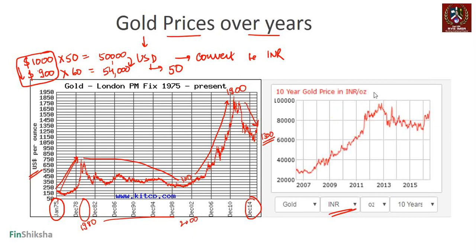Now, to look at the impact, take a look at this period where gold prices fell from 1900 all the way to close to about 1250. That's close to a 30-35% cut in prices.